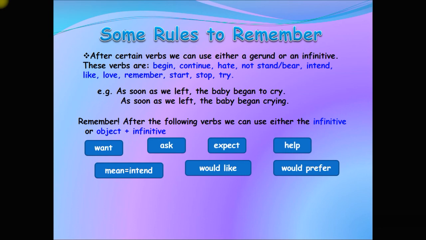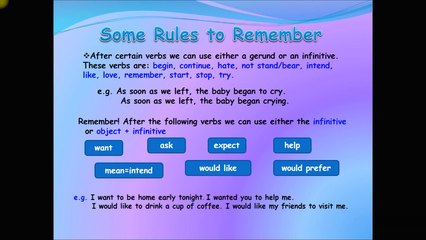I want to be home early tonight. I wanted you to help me. I would like to drink a cup of coffee. I would like my friends to visit me. So we have some verbs that can be used either with the infinitive or object plus infinitive.